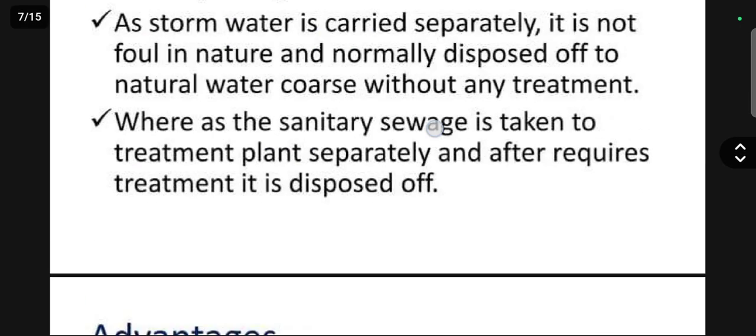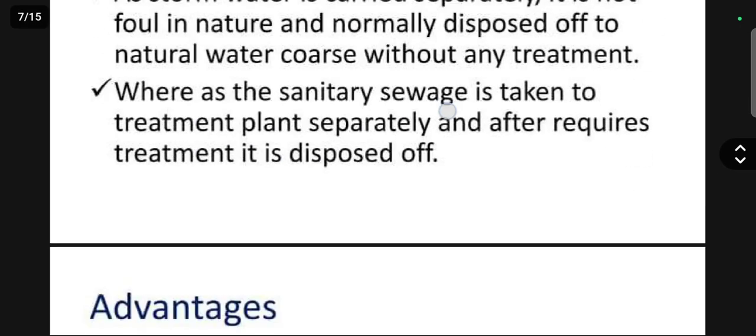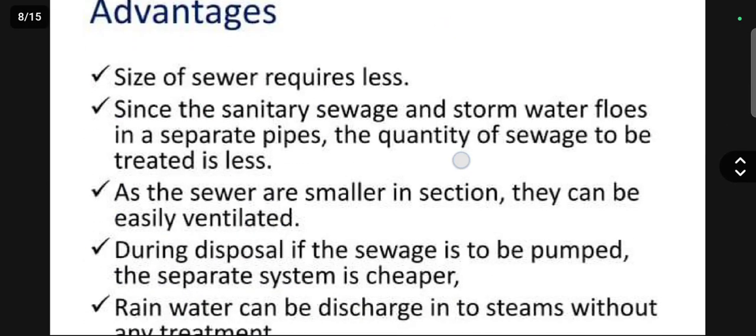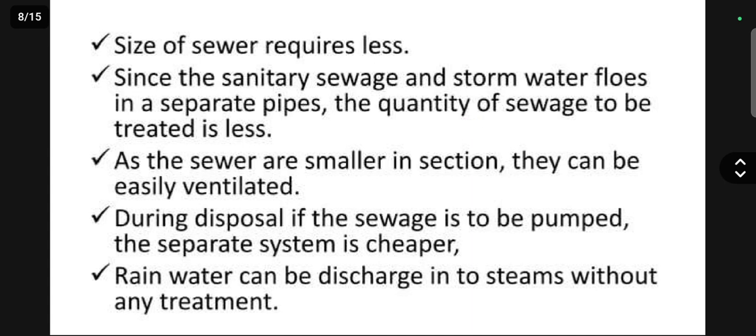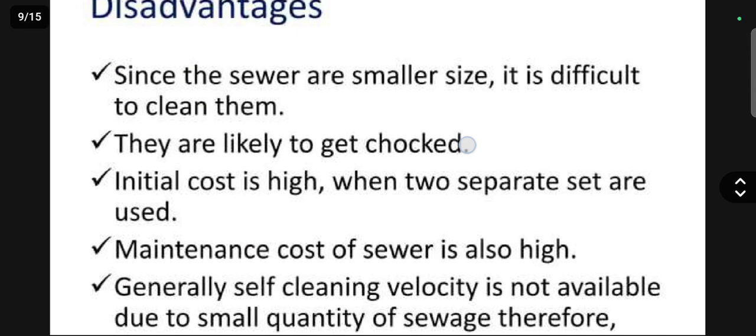In this separate system, the quantity of sewage to be treated is very less, whereas in the combined system the quantity of sewage is very high because the storm water is mixing with the sewage water. I think you are all catching my point.